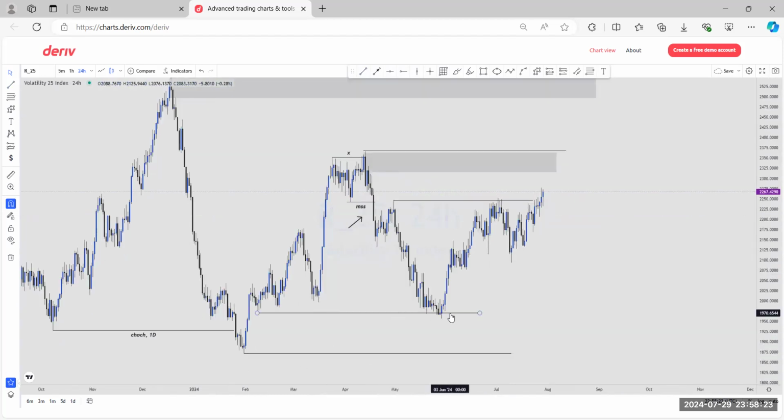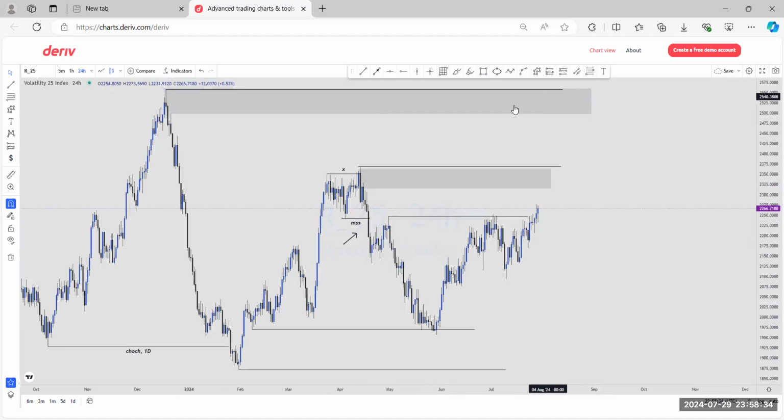And actually, we even swept the low here before we went up. Okay. So that is it. So I'm bullish towards this area at the upside here. And we could see that as price is going up, it's building some trend line liquidity.